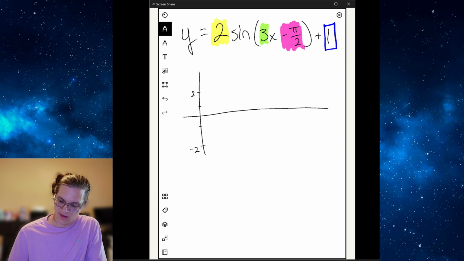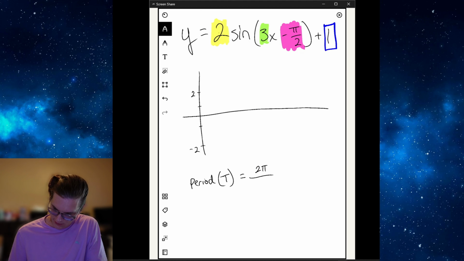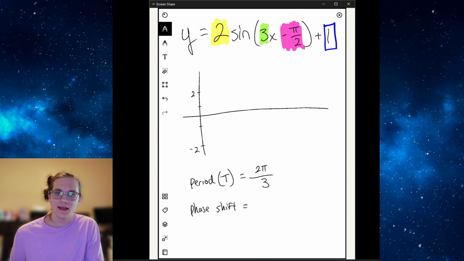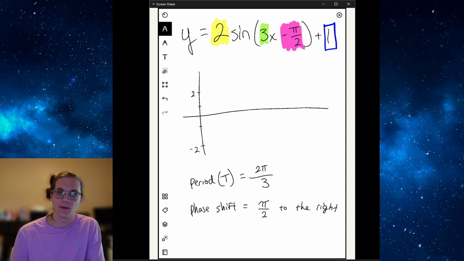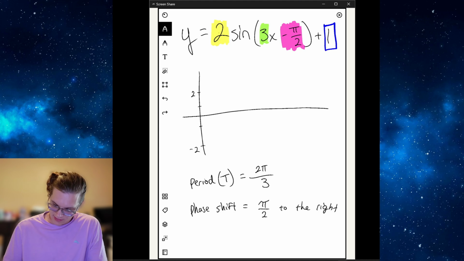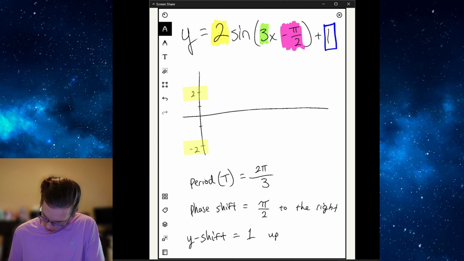The period is 2 pi over 3, and the X shift here, so phase shift, is pi over 2 to the right. Remember, negative in the argument or negative effect on the X is shifting the graph to the right. And then last but not least, we have a Y shift of 1 upward.